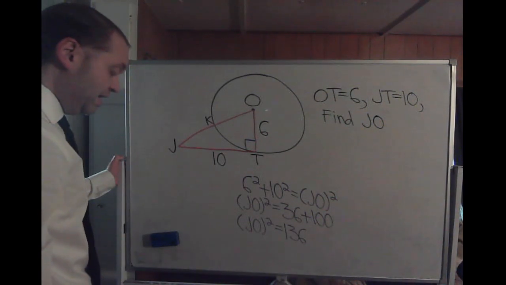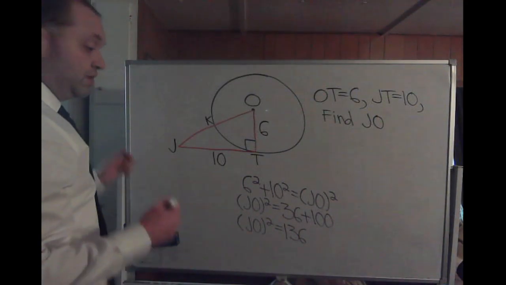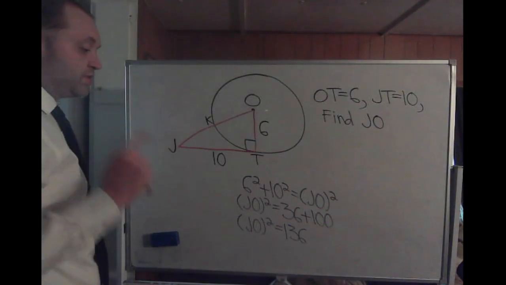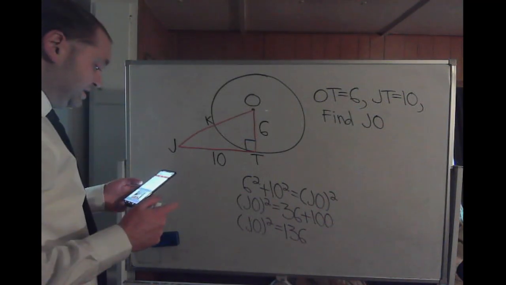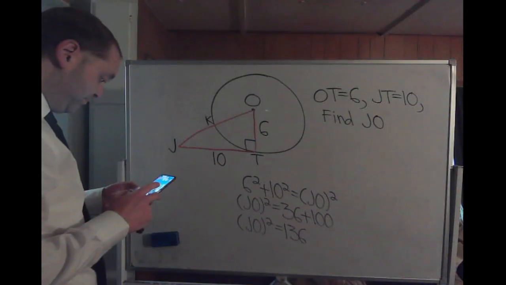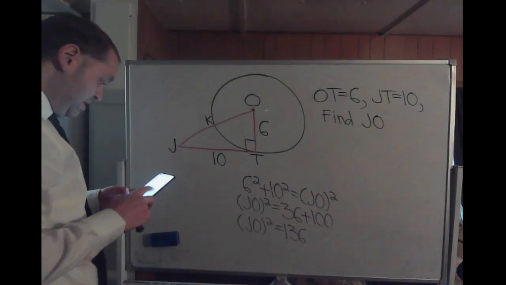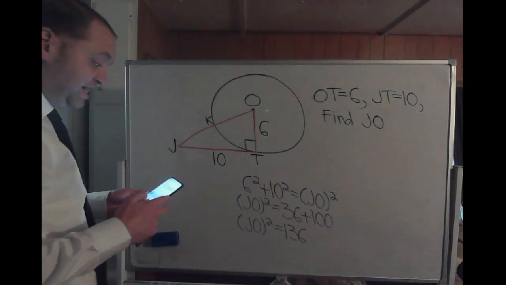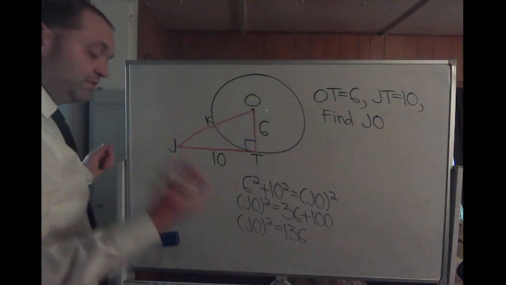But anyway, so we have JO squared ultimately is equal to 136. Well, we know 136 for sure is not a perfect square. But let's see if we have any factors of it that are. Well, if you take 136 and divide it by 4, you get 34 as another factor.